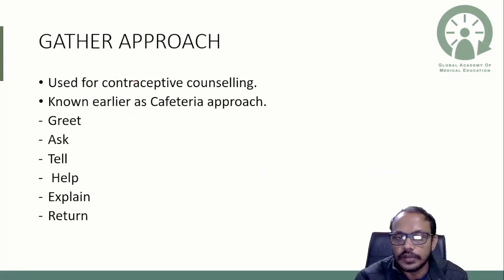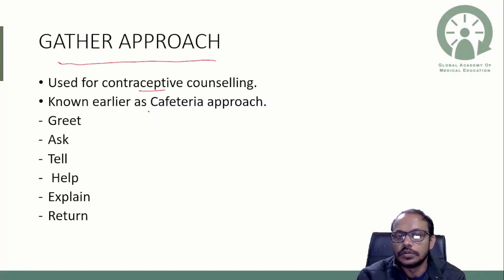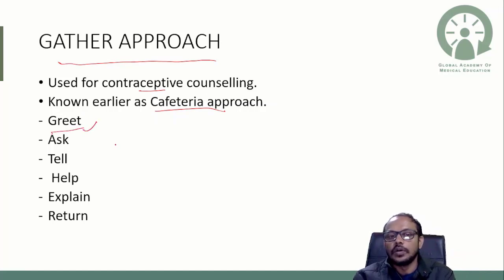Counseling is also used in contraception. In contraception, the GATHER approach is used. It was called the cafeteria approach earlier. G is for greet, you have to greet the person who is coming to you for counseling.